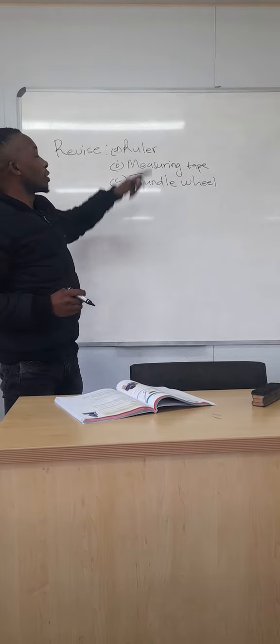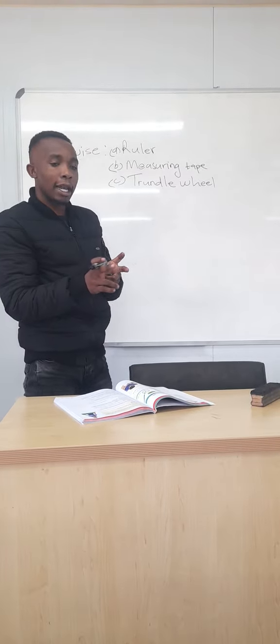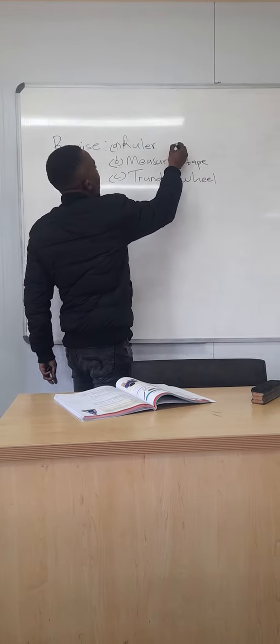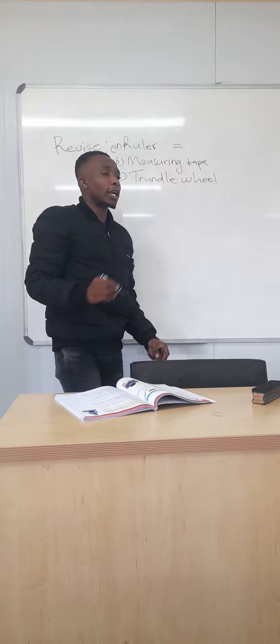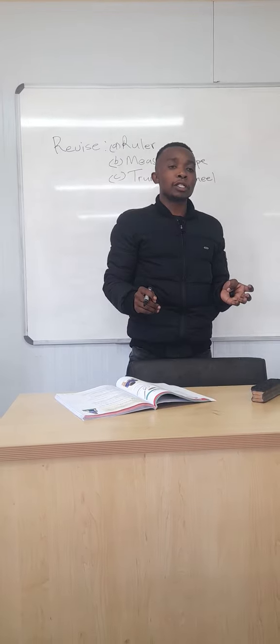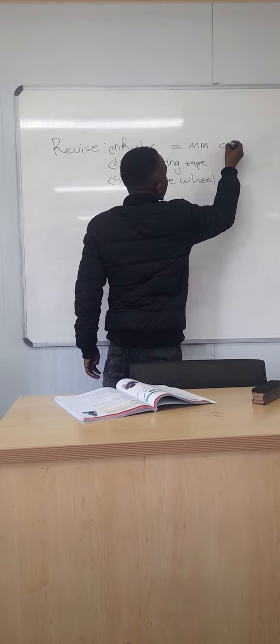A ruler, we say you can use a ruler to measure small length. So we say you can only use a ruler to measure what units? We said millimeter and centimeter.